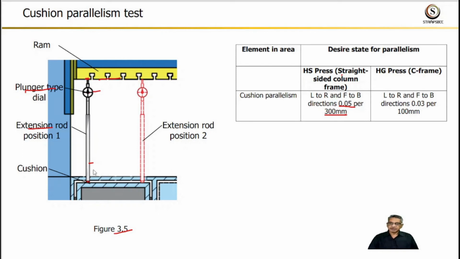Take the left to right and front to back direction reading. The maximum difference between the readings is the deviation. If the deviation is more than the allowable range, the corrective action is required. The general corrective action is clearance adjustment between cushion box to bed sliding surfaces.